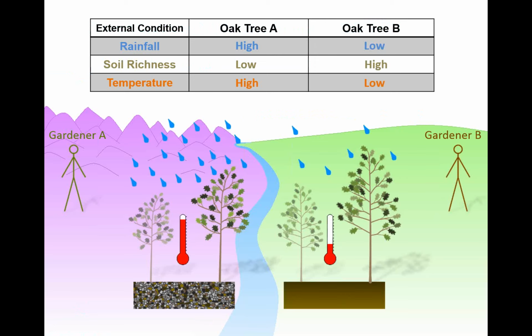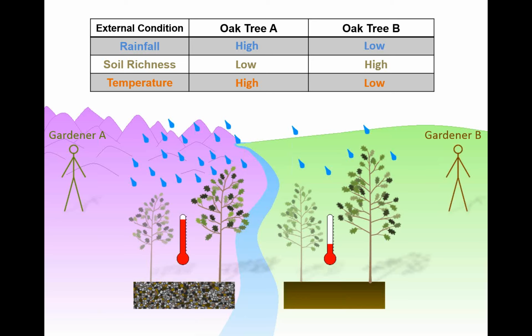If we look back at our record for our trees, we can see that oak tree A, during this past year of care, experienced high rainfall, low soil richness, and high temperature, while oak tree B experienced low rainfall, high soil richness, and low temperature. So there were very different conditions for these trees during this past year.